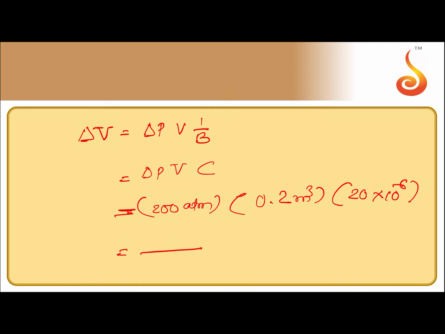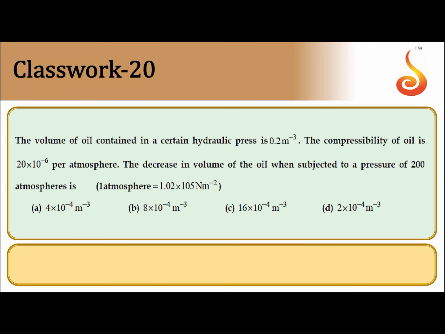You can simplify it further and show that it turns out to be 8 into 10 to the power of minus 4 meter cube. That is the decrease in the volume of the liquid. So everything is meter cube, of course. So B should be our correct choice.